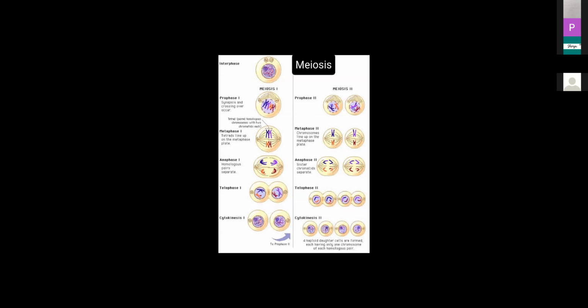Here I conclude the meiosis. If you have any question, I give you a time, 1 minute. Think over it. Anything that you feel worth asking, please ask.